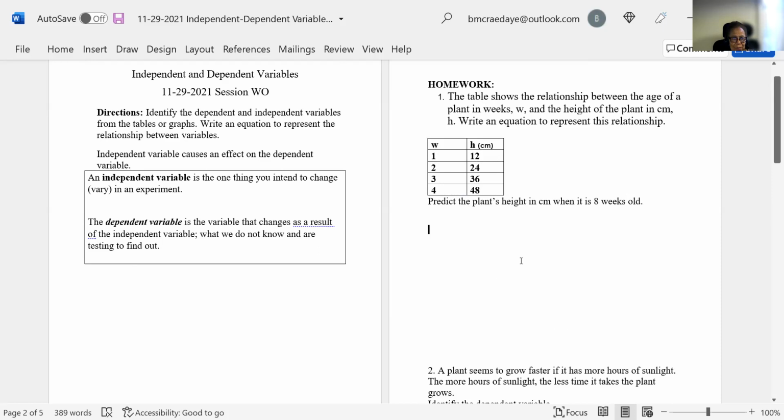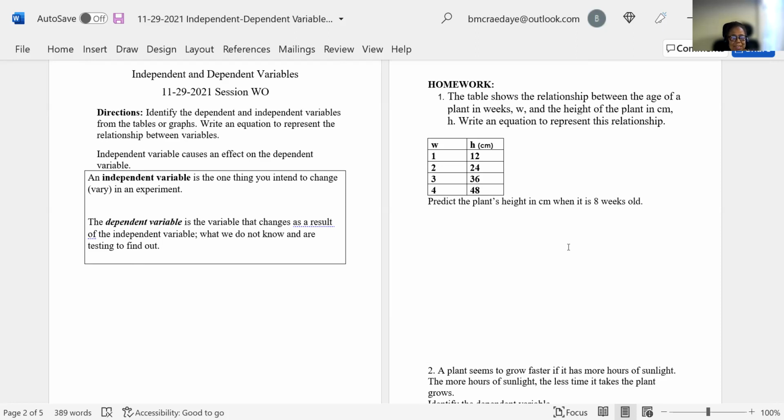Then 2 weeks, it's 24. 3 weeks is 36, and 4 weeks is 48. Now, first of all, what is the dependent variable? Is it the height of the plant, or is it the weeks that the plant grows?